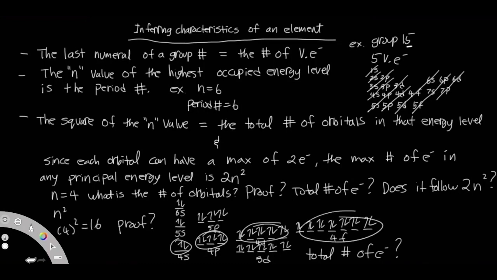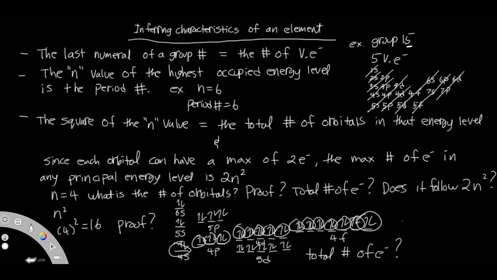All right? How do we know that? Well, these are the 4s. So if you were to count them all up, 2, 4, 6, 8, 10, 12, 14, 16, 18, 20, 22, 24, 26, 28, 30, we end up getting 32. So the total number of electrons is 32.